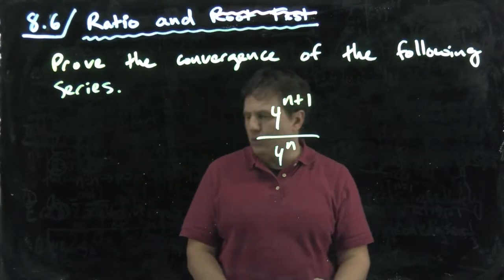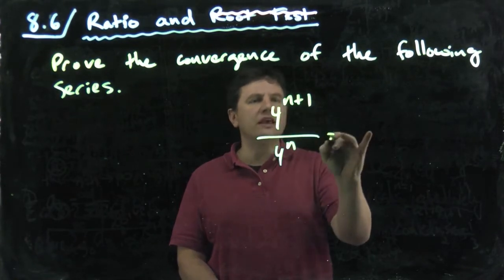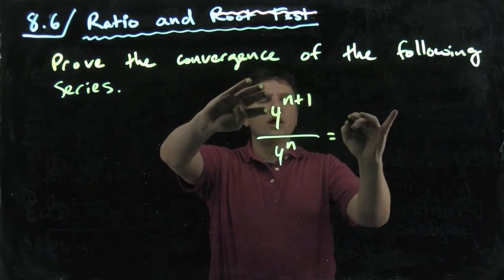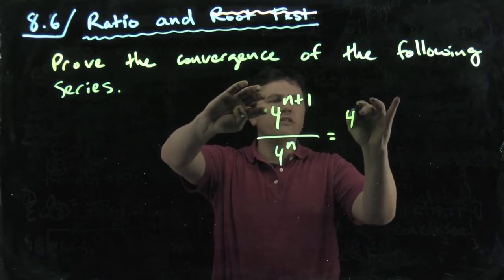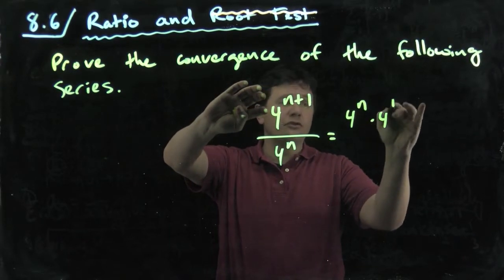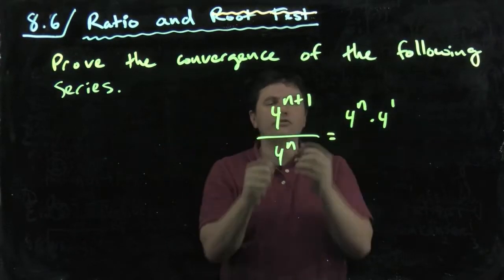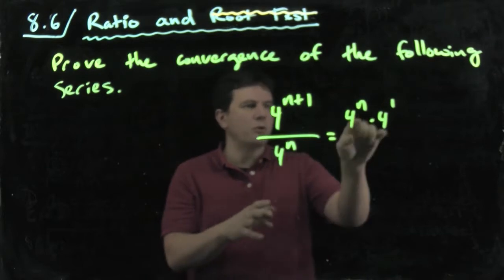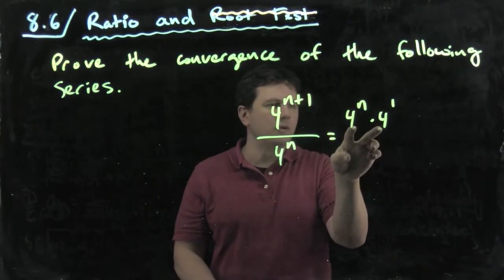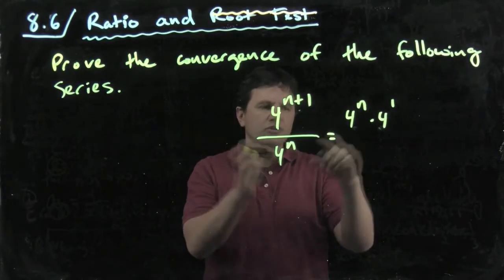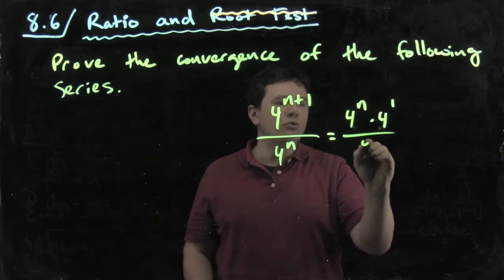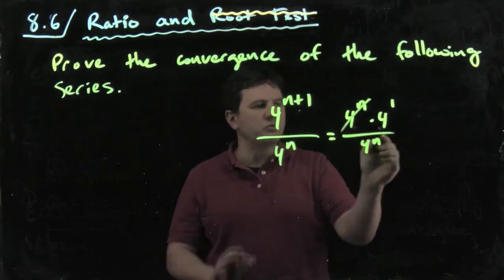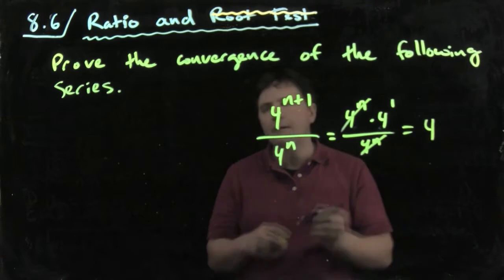So 4 to the n plus 1, I can call 4 to the n times 4 to the first, right? Because of our rules of exponents, if we multiply things with like bases, we add the exponents. So we're just undoing this. If I see this type of expression, this would cancel out and be left with 4.